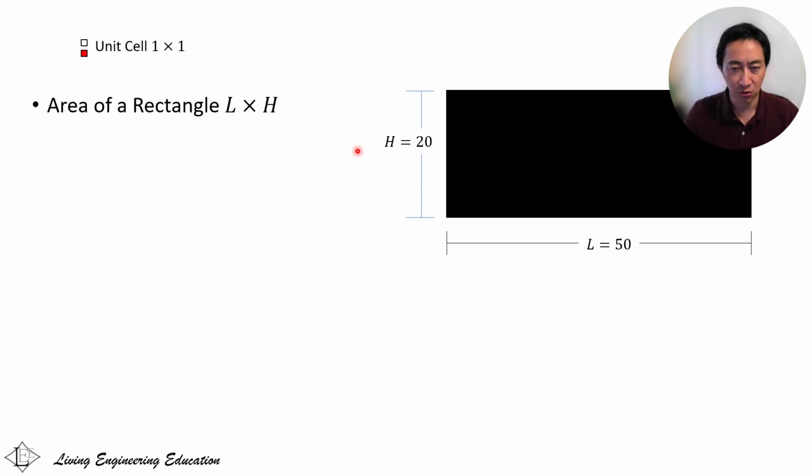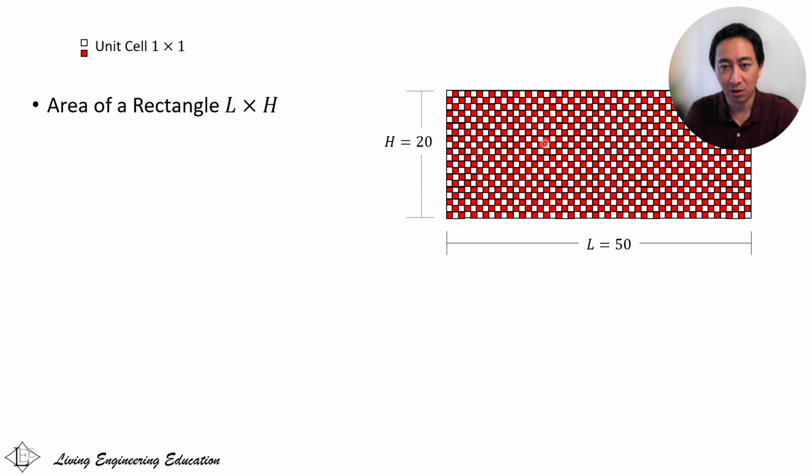So just to graphically represent this, if we think of a unit cell with 1 by 1, whatever the units are, right? And I show a white circle and a red circle so we can more easily distinguish it. And if I place them on here, and I have 20 in this direction and 50 in this direction, you can add them up, but that's basically the definition of multiplication, right?